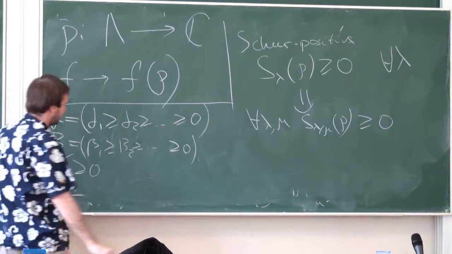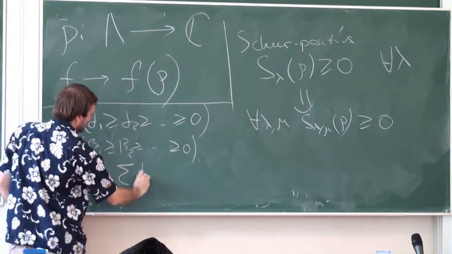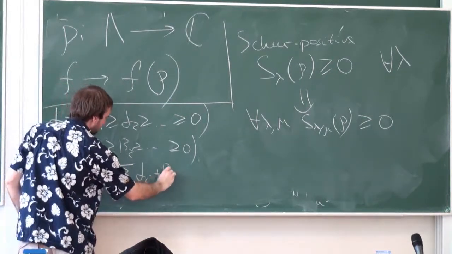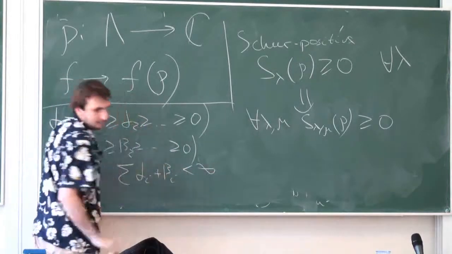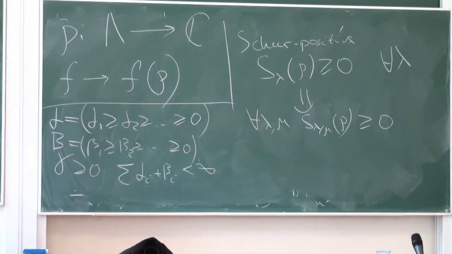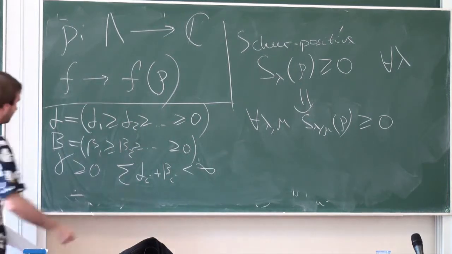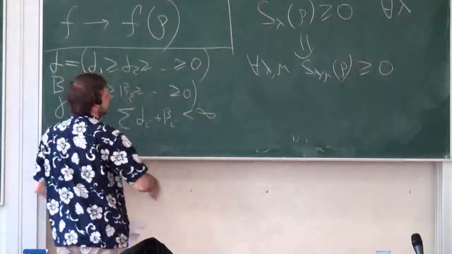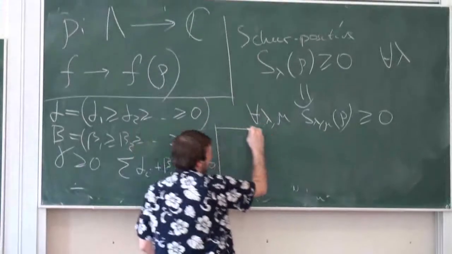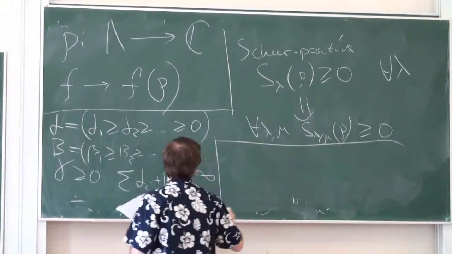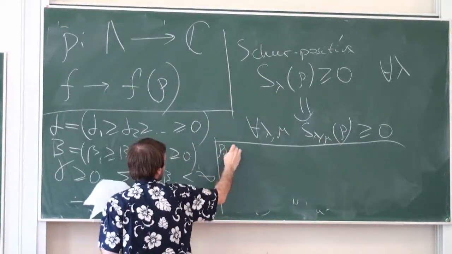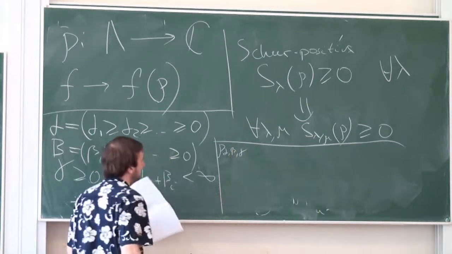The only condition that we have is that the sum of all alphas plus all betas should be less than infinity. And then given that, we introduce the formula for a general specialization. So we have specialization rho, alpha, beta, gamma.